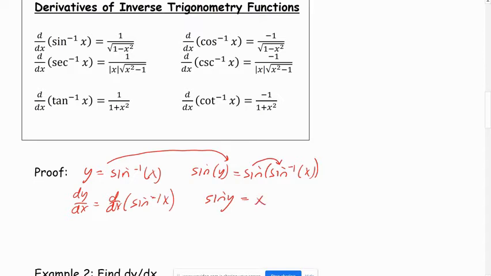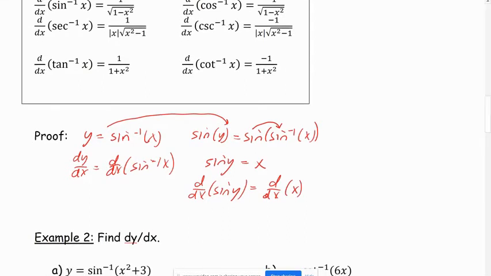And so the sine of y equals x, and now I can take the derivative of both sides with respect to x. And so on this side, I get the derivative of sine as cosine of y times dy dx equals 1. And so then dy dx equals 1 over cosine y.